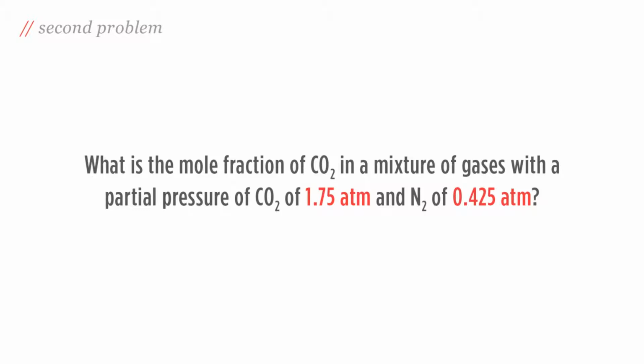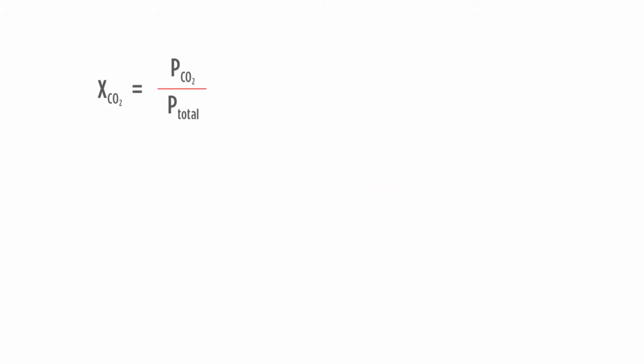In this case, we're given the partial pressures. We can remember that the mole fraction of CO2, which is what the question is asking for, is going to be the partial pressure of CO2 over the total pressure. We have the partial pressures of both CO2 and nitrogen, but not the total pressure. We can calculate the total pressure by adding the two partial pressures. So P total equals the partial pressure of CO2 plus the partial pressure of nitrogen.